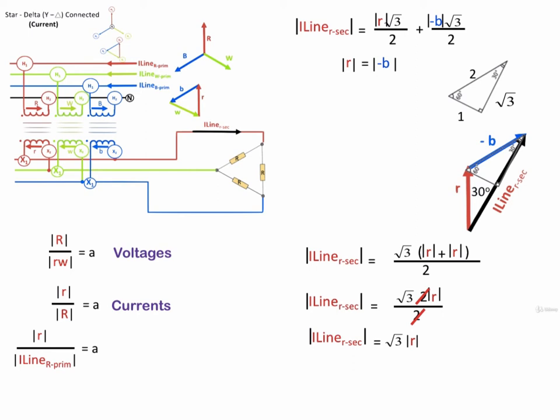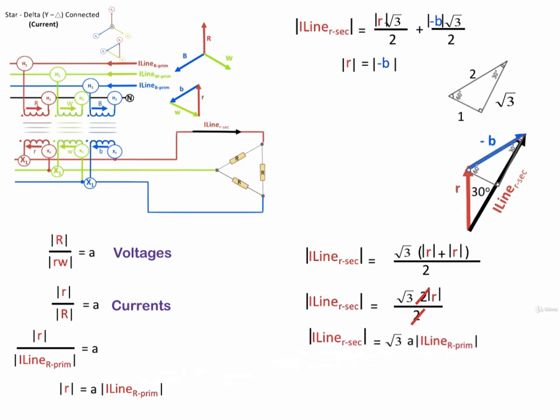So I'm going to replace the capital R with the magnitude I line R primed, and rewriting the equation so that I have the lowercase r magnitude on the left-hand side of that equation, because now I want to go across to the other side of this slide and replace the lowercase r magnitude in the last formula that we developed.